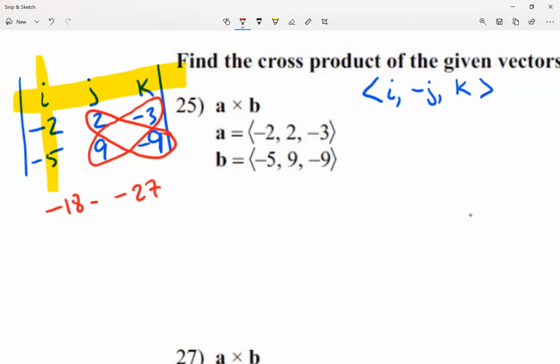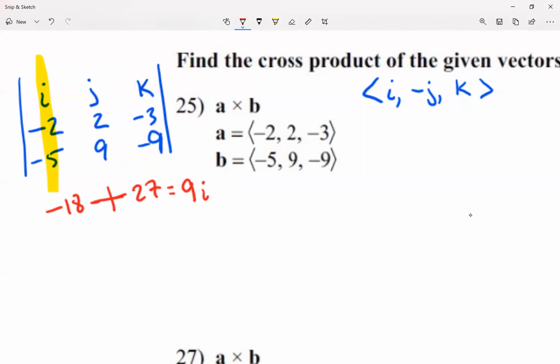Instead, I put a minus sign. Now, negative 18 minus negative 27. I know two negative signs make a positive. Negative 18 plus 27 makes 9. And that's going to be my I value.